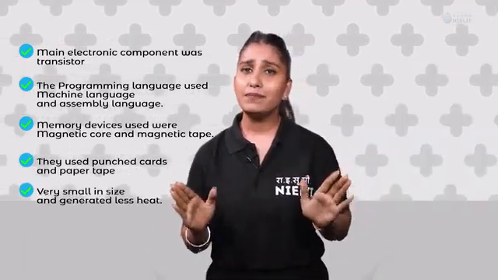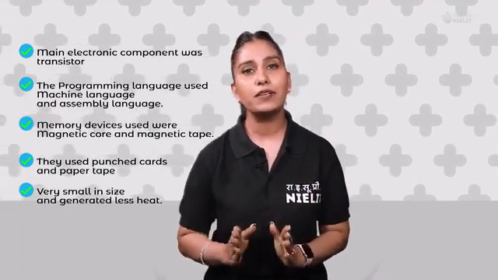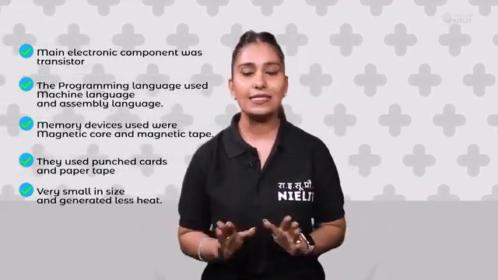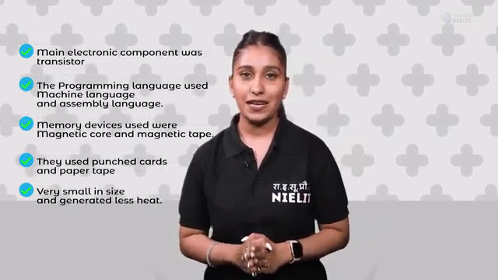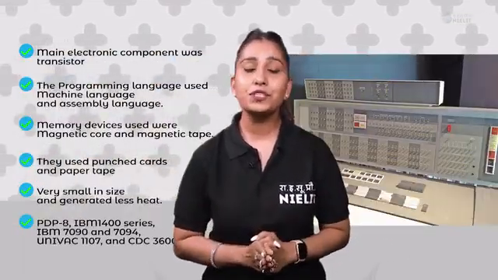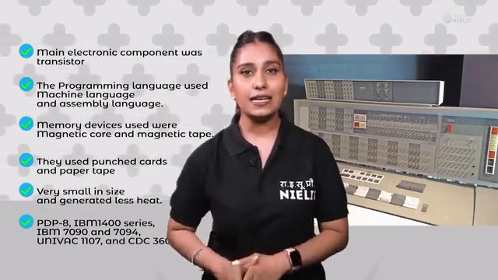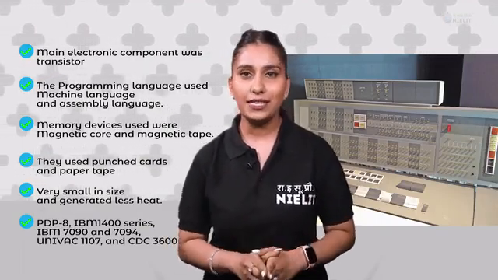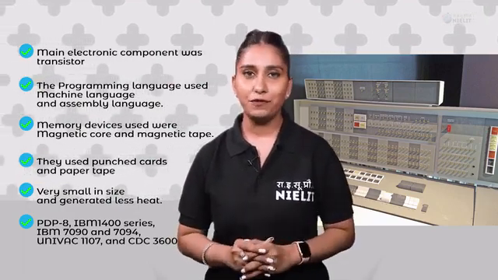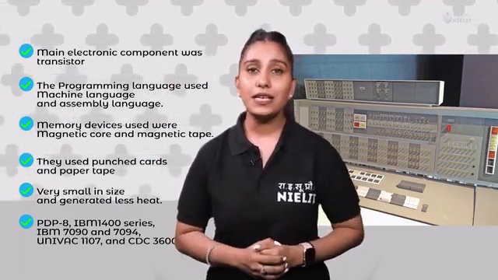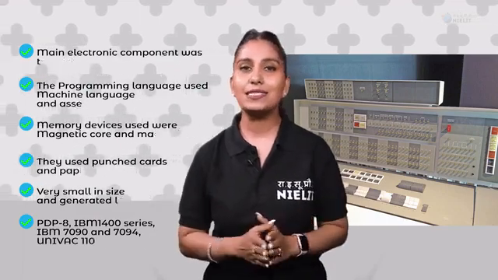They were very small in size and had low power consumption and generated less heat when compared to first generation computers. Some second generation computers were PDP-8, IBM 1400 series, IBM 7090 and 7094, UNIVAC 1107 and CDC 3600.